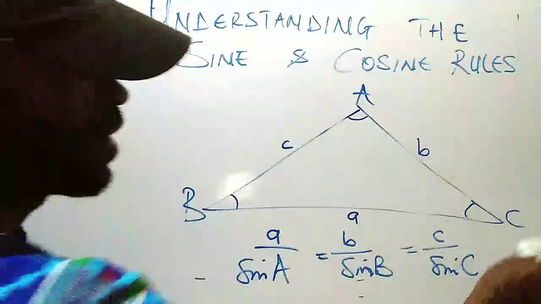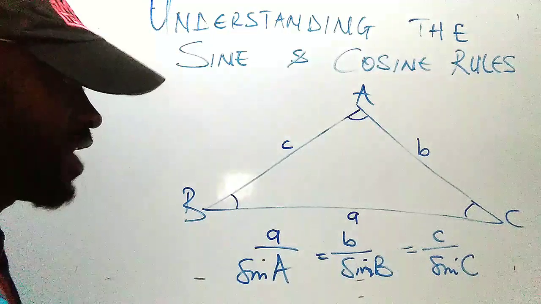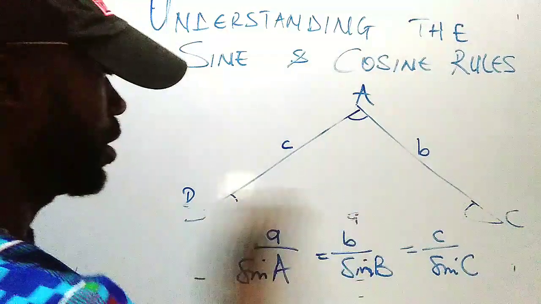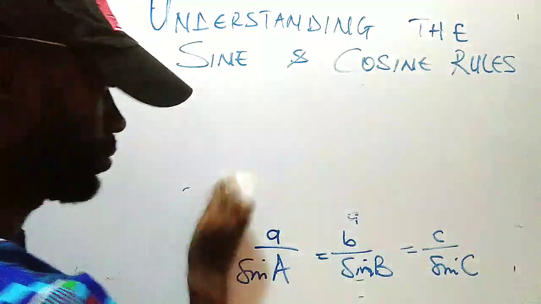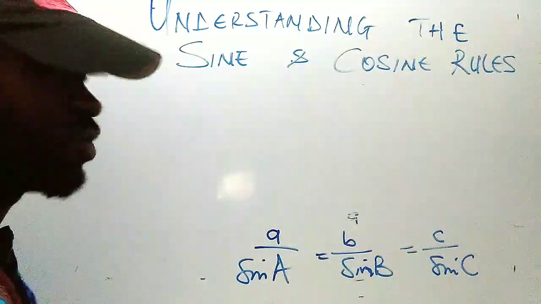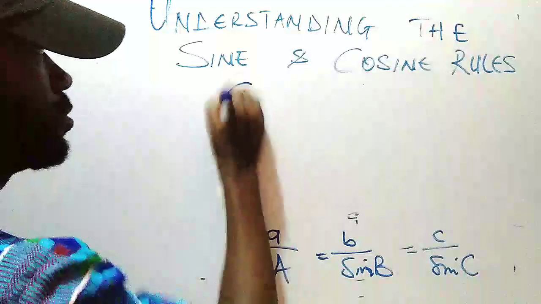Let's forge ahead. Having known that this is the sine rule, let's see the conditions for the sine rule. There are two conditions that will tell you when to apply the sine rule.